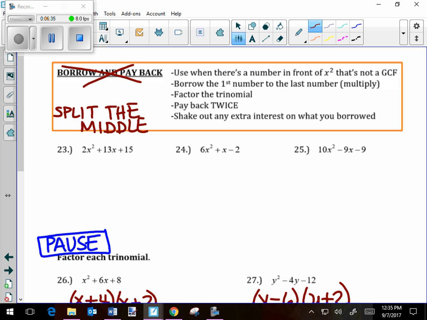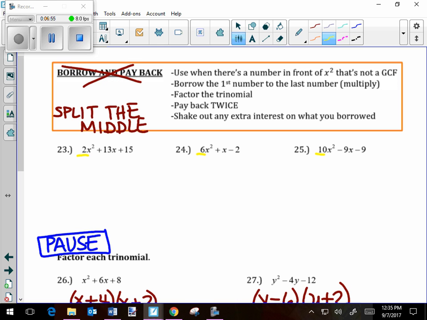The reason why these questions are a little bit more challenging is because if you look, there is a number in front of the x squared in each of these three. And because there's a number in front of the x squared and it's not a GCF, we have to have another process to go through in order to do these.